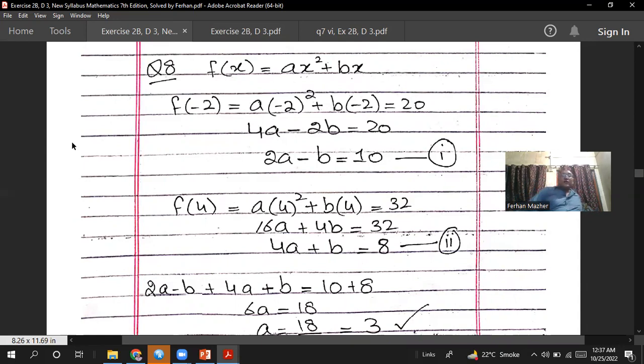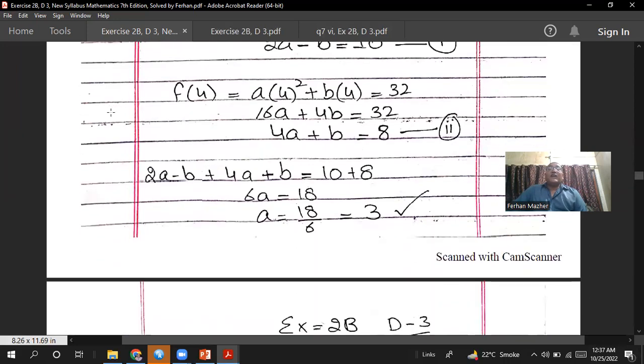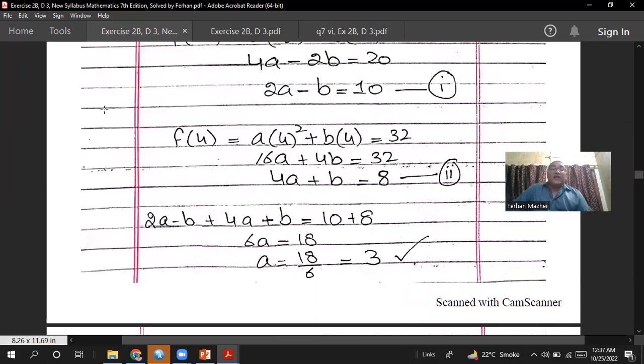If you look carefully at equation number 1 and equation number 2, the b has the same coefficient. In the first equation it is -1, in the second equation it is +1. So simply by adding, the b will be eliminated and you will get the value of a. So add equation number 1 and equation number 2.